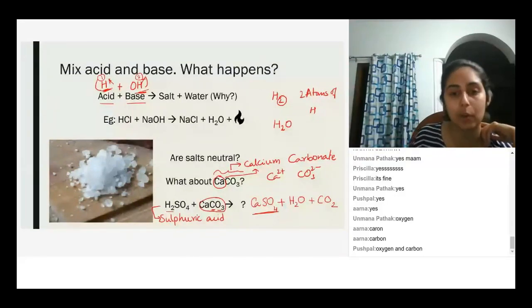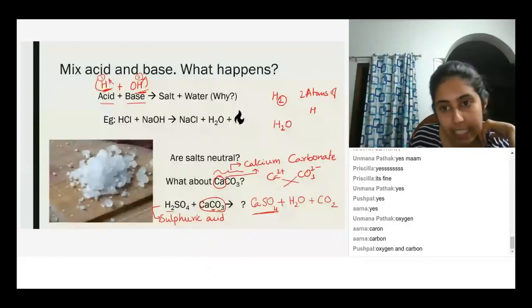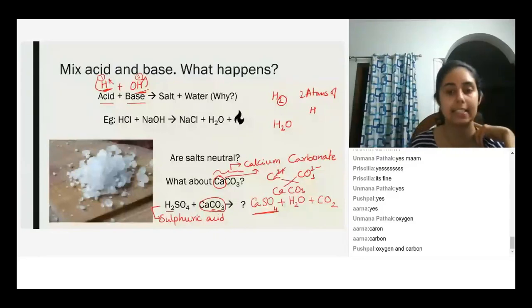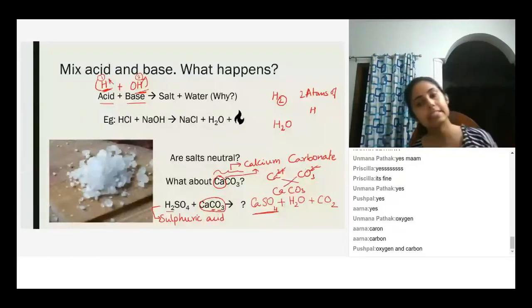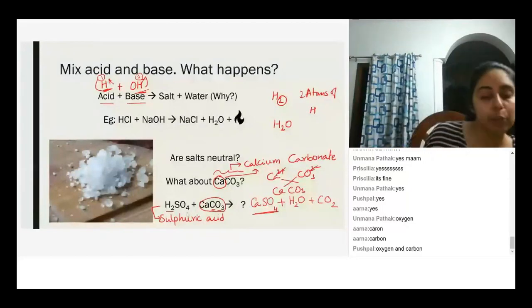When I cross multiply this, I get CaCO3 because this 2 and this 2 get cancelled. Similarly, if I have to write H2SO4, how will I do it?